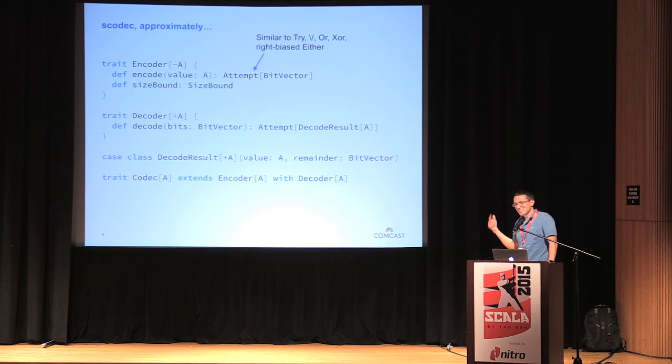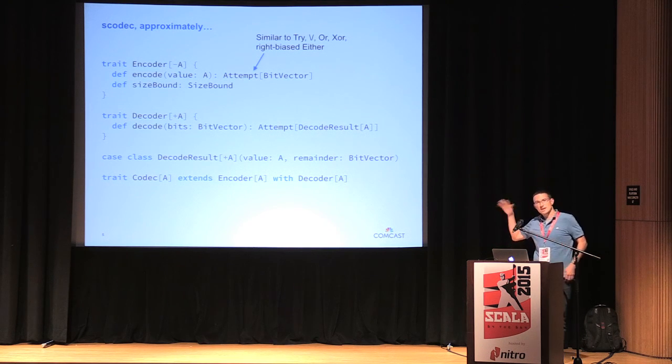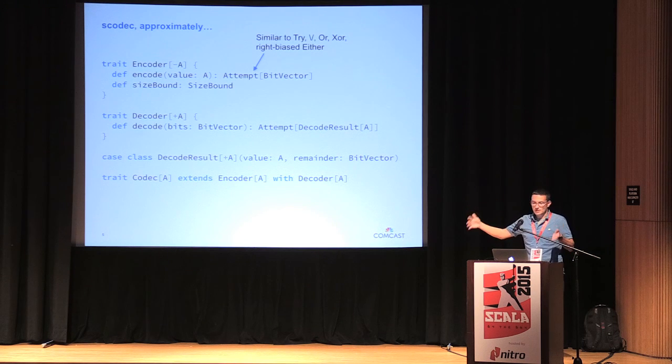It's also similar to Scalaz's disjunction, Scalactic's Or, and Cats's Xor. Encoders also have a size bound, and we're not going to really look at that today. You'll see the size bounds throughout the slides as we look at various encoders. Size bounds basically tell you the minimum and maximum size of the generated bit vector for any given value of type A.